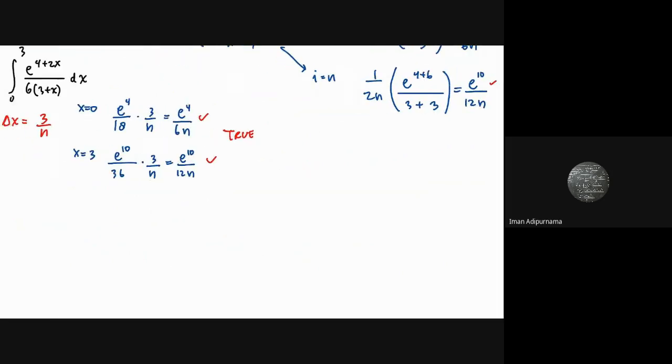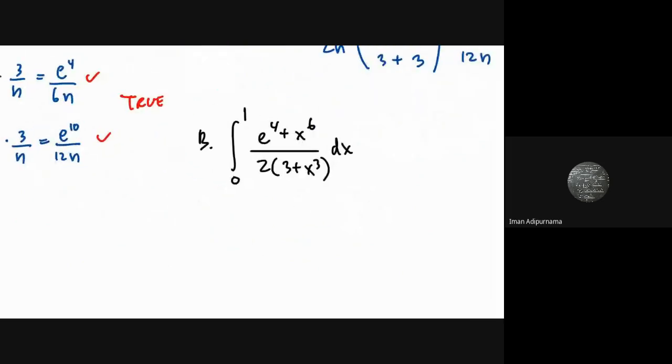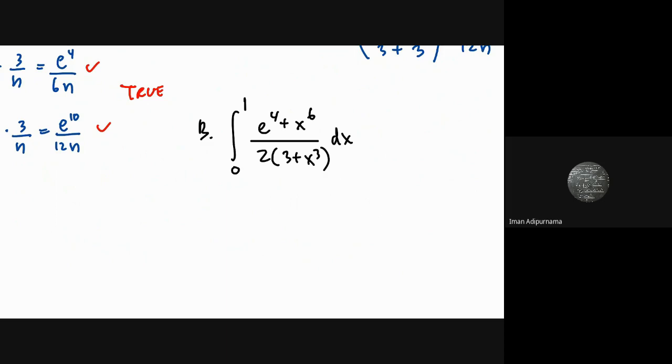And the second one is from 0 to 1, e to the 4 plus x over 6, right? Yes, this one is correct. And same thing, now it's 0 to 1, so delta x is 1 over n, right?